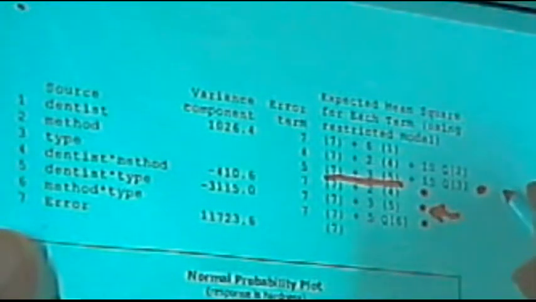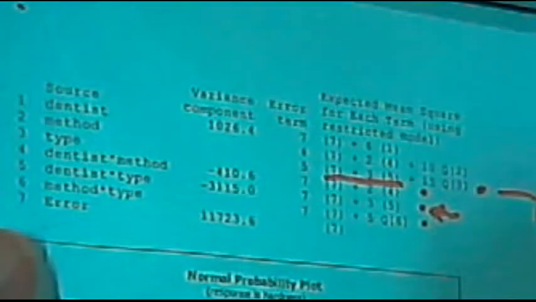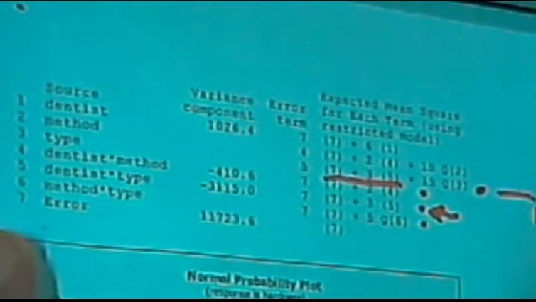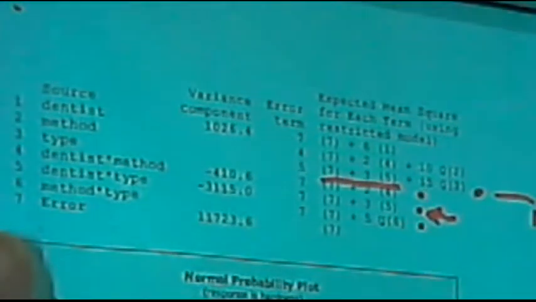So the proper denominator here would be mean square dentist by type. And notice how easy this is. If you have the list of expected mean squares, you can just look at it and just pick it right out. What's the right denominator? There's no detailed considerations to matter.